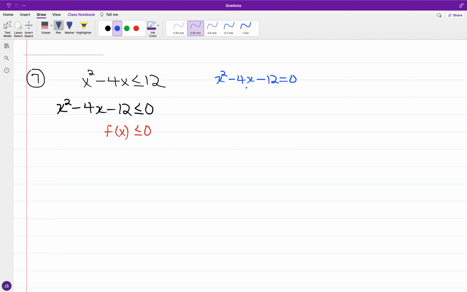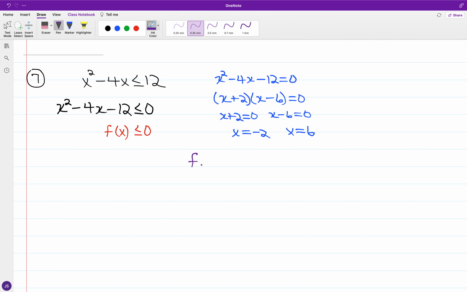we have x squared minus 4x minus 12 is equal to 0. And if I look at factoring, again we have x plus 2 and x minus 6. If I set each of these factors to 0, we have x is equal to negative 2 and x equal to 6.